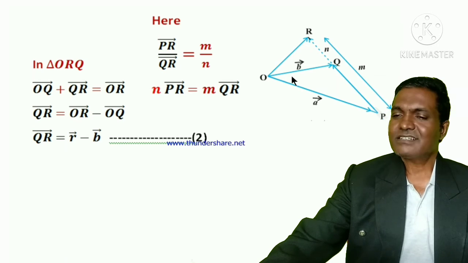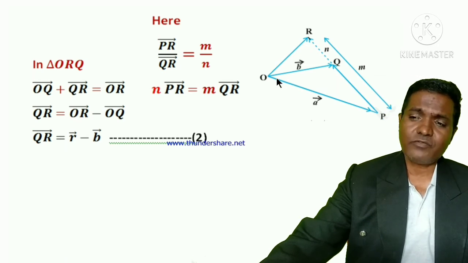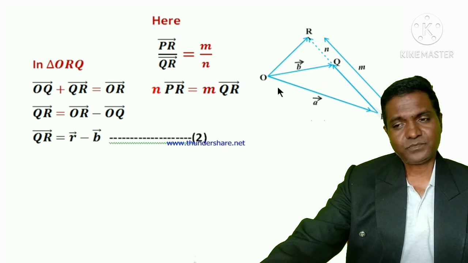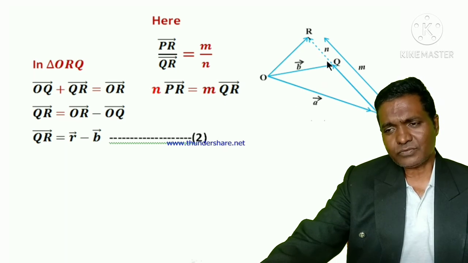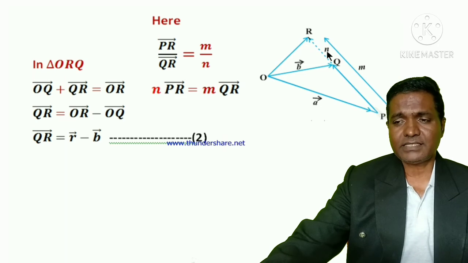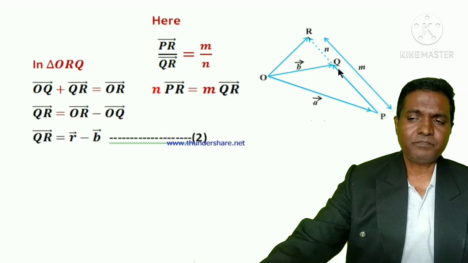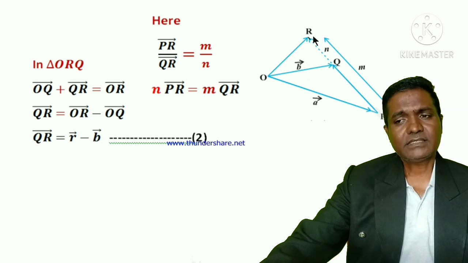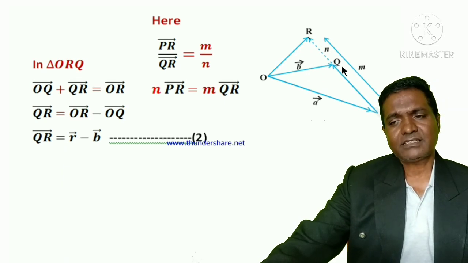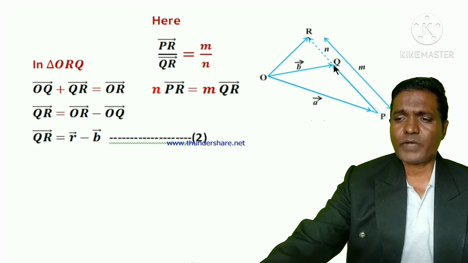According to the triangle of vector addition, look for the two vectors which are taken in order. We have the vector from P to Q, and QR is in the same direction as PQ. So QR is along this direction. Now these two vectors can be added.